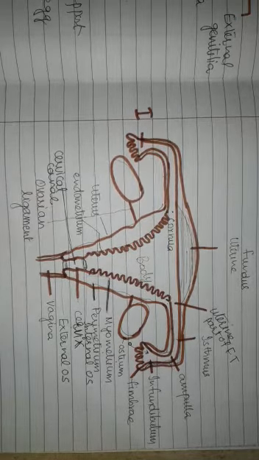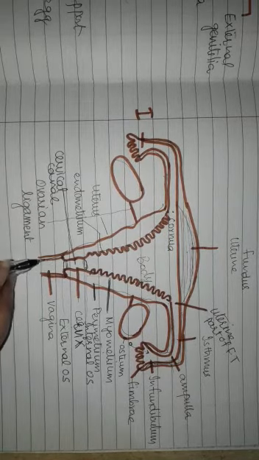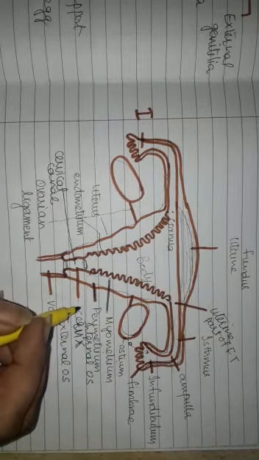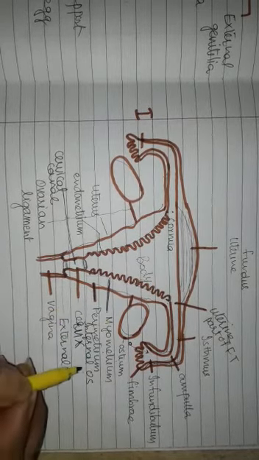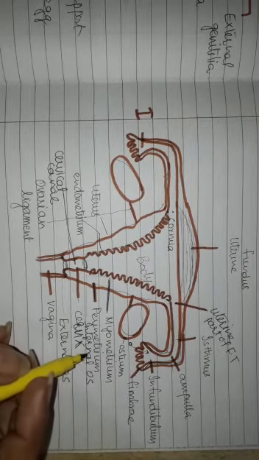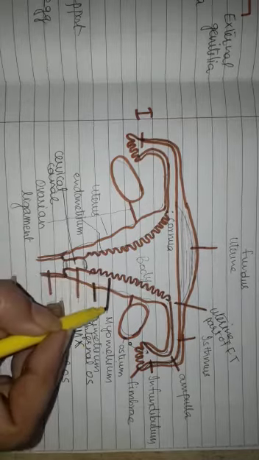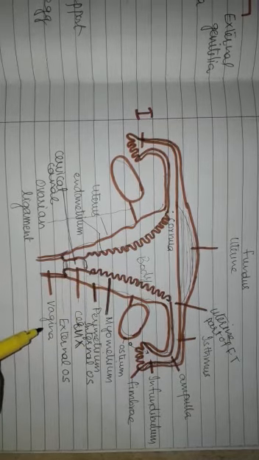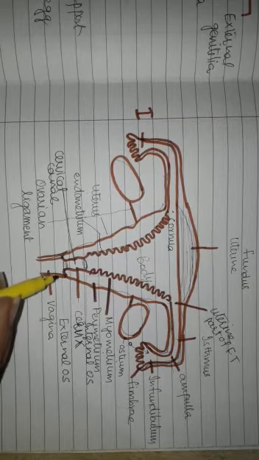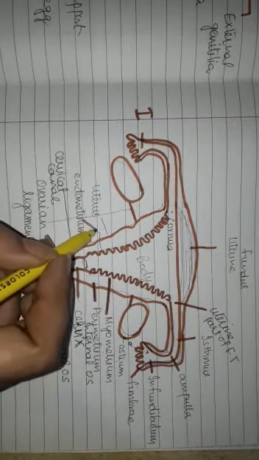And the wall of the uterus is made up of three tissues. The first is the outer tissue, which is outer peritoneal covering called perimetrium, and middle layer of smooth muscle fibers, this is myometrium, and the innermost mucous membrane, which is known as endometrium.